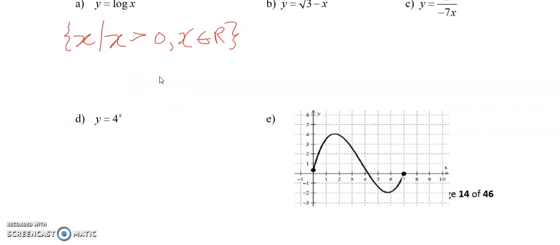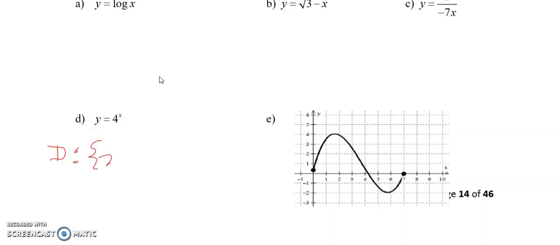What is the domain and what is the range from that graph there? Okay, well remember, domain is the same thing as saying how far left, how far right does that graph go? And the range is the same thing as saying, well, how far up, how far down does that graph go? Well, here's your domain. Let me get my marker. I've only got a minute and a half left, so I better hurry this up. Your domain would be values of x such that, now look carefully at your x's.